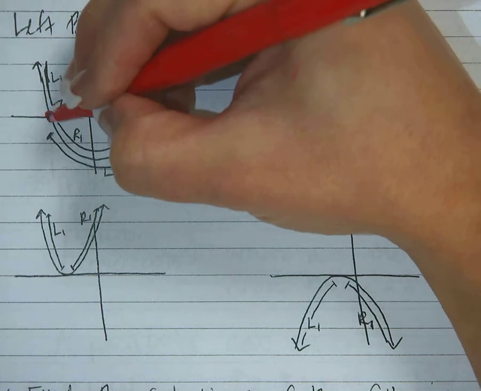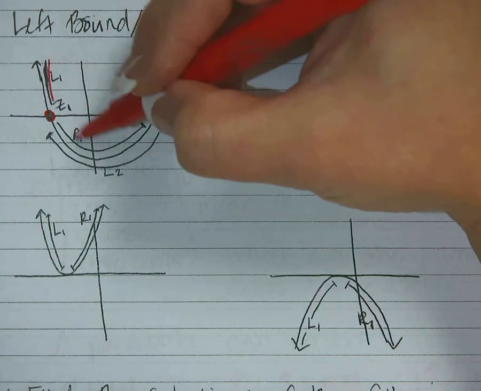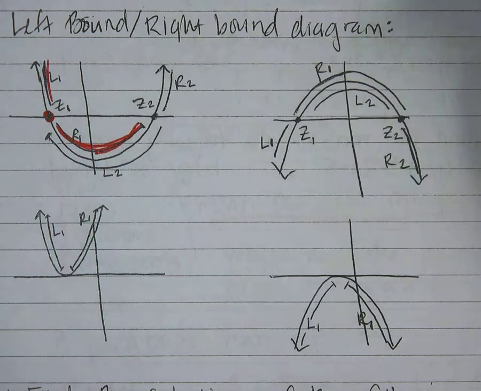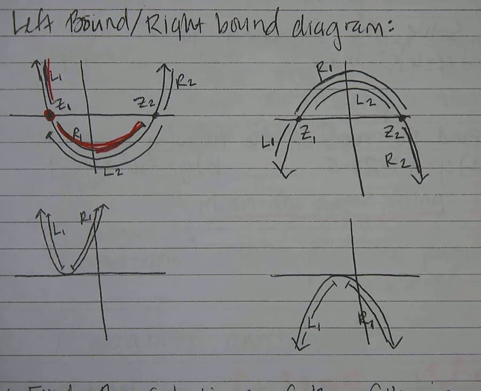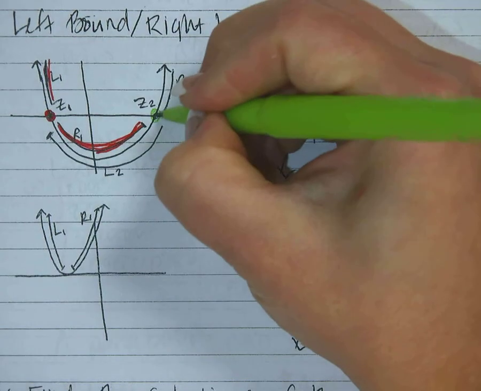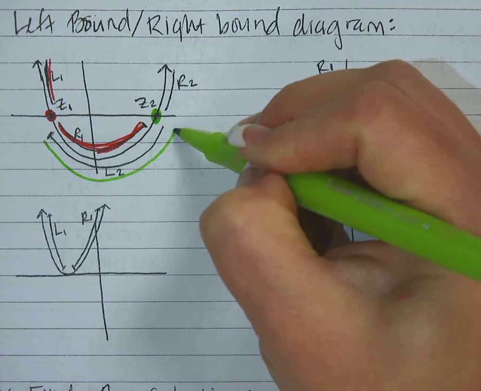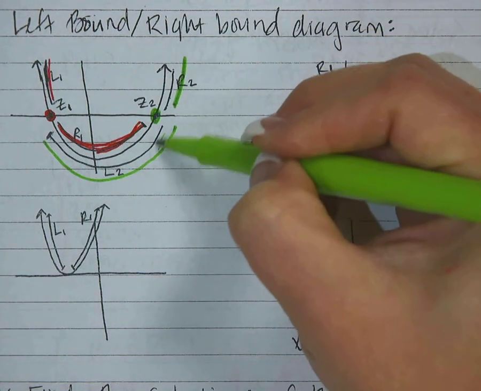So if I'm calculating this first 0, my left bound is somewhere over here, and my right bound is somewhere in here. But it does not cross over the other 0. Whenever I'm doing my second 0, my left bound would be somewhere throughout here, and my right bound would be somewhere throughout here.